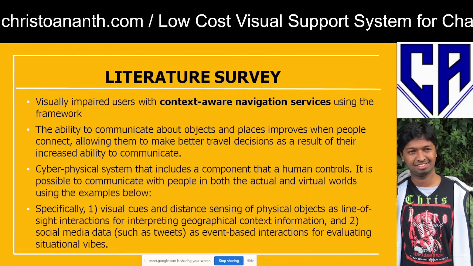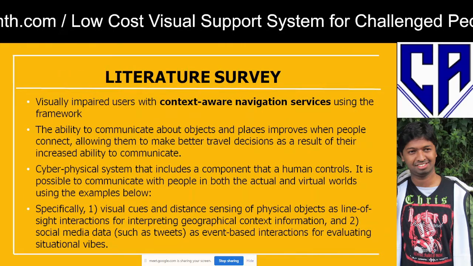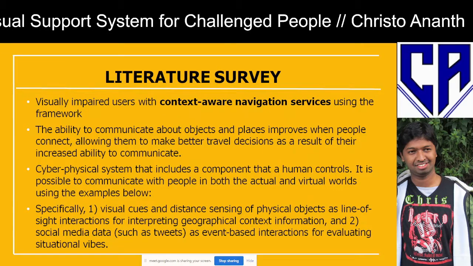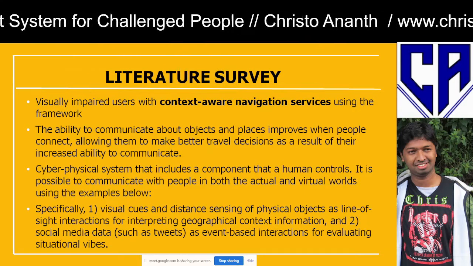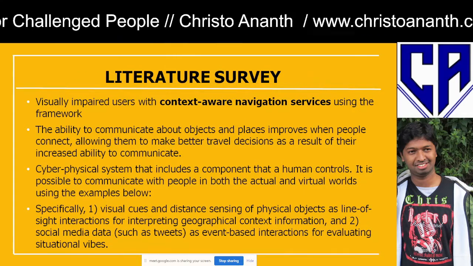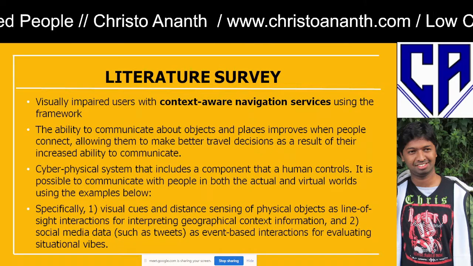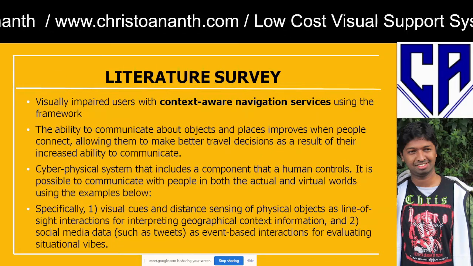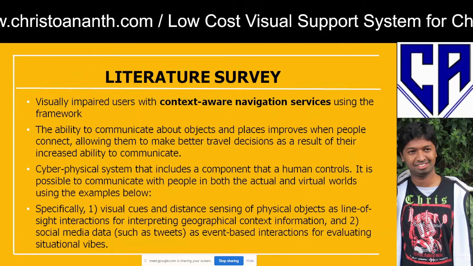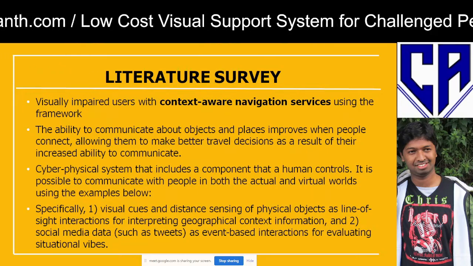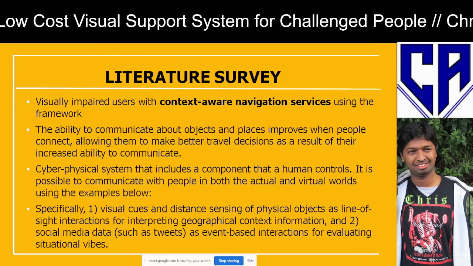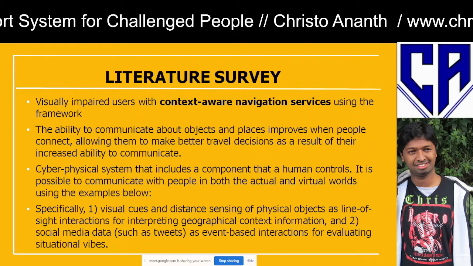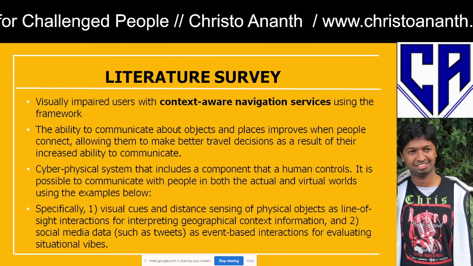And this cyber physical system has a component where the human controls the ability to think, to move, to take decisions, even to communicate. Specifically, visual cues and distance sensing of physical objects as line of sight interactions change from location to location. Also, with tweets from social media platforms, a blind person can evaluate the current situation and scenario.